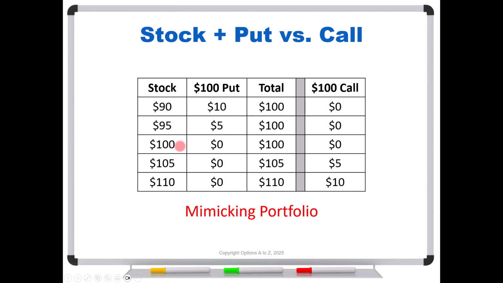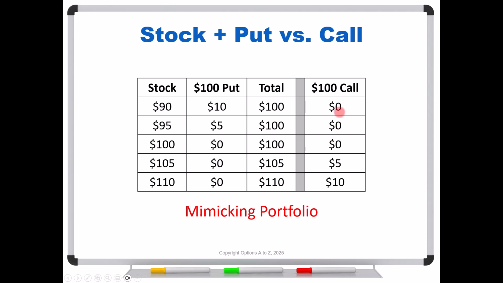If the stock is 100, the put expires worthless. Total position is worth 100. If the stock is 105, the trader has shares worth 105. The put again is out of the money, so it's worthless. Total position value is 105. Same if the stock is 110.